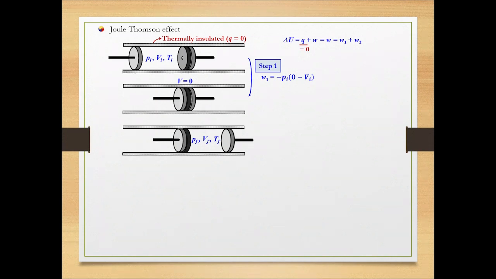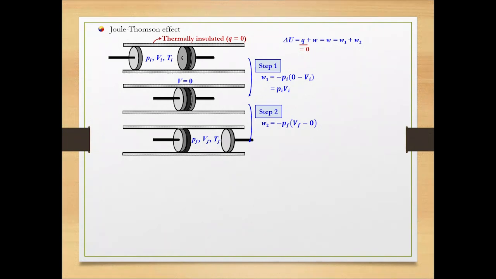Take note that the final volume in step 1 is 0. Now, W1 is equal to Pi Vi. Step 2 is the expansion of the gas on the right side of the cylinder, and W2 can be expressed as negative Pf times volumetric change, which is Vf minus 0.